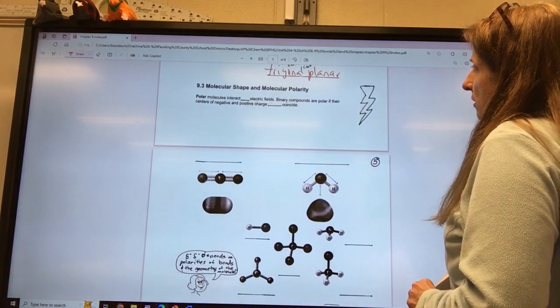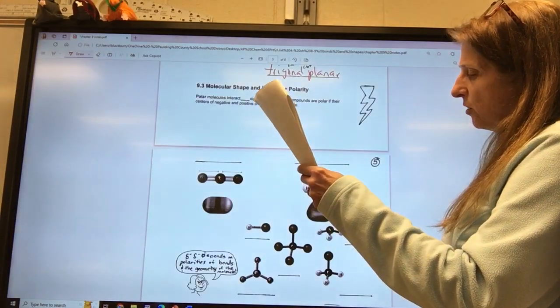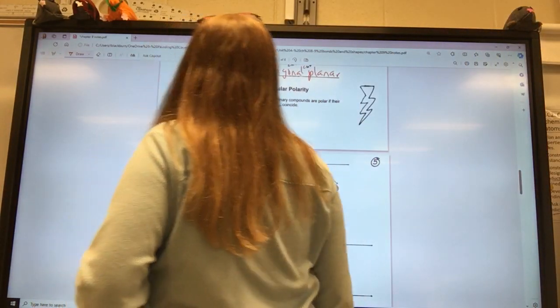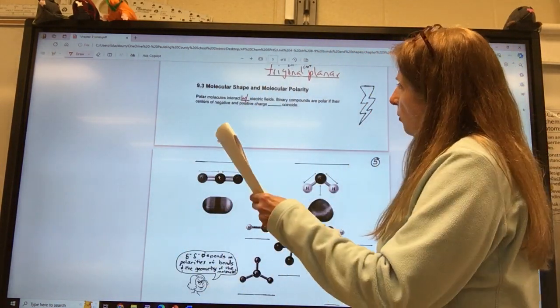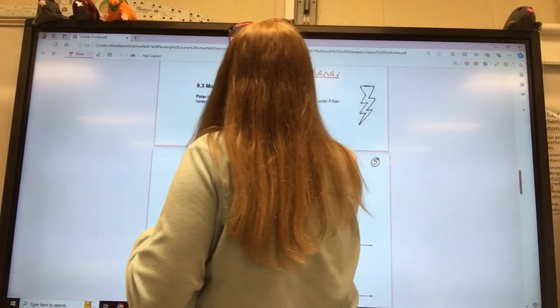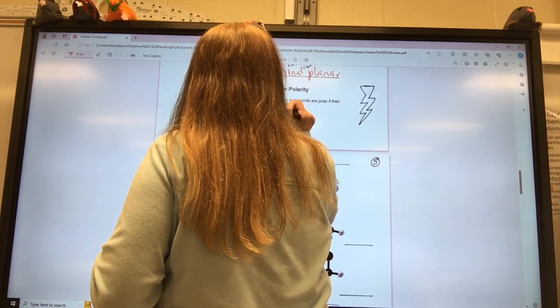Okay? Section 9.3, molecular shapes. Polar molecules interact with electric fields. Binary compounds are polar if their centers of negative and positive charge do not coincide.